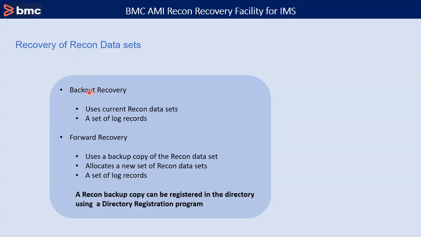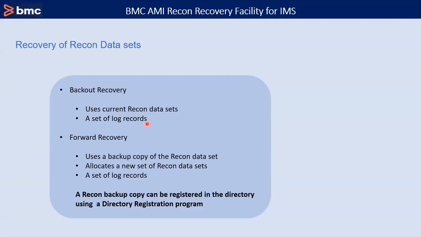One is backout recovery. In backout recovery, you start with the current recon data set, and then you apply the log records onto the current recon data set up to the selected or specified recovery time.